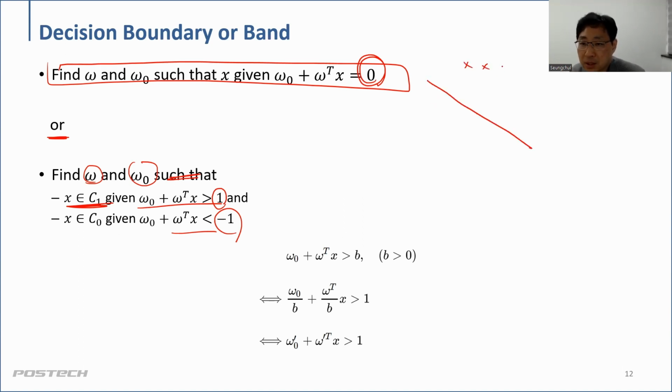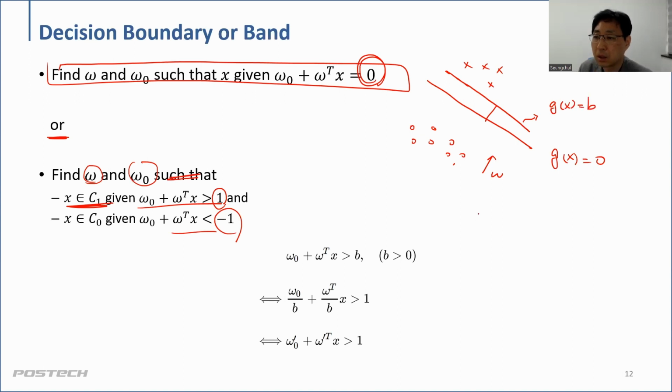If we are able to find some linear classifier, then we know that, suppose the omega is in that direction, and this one will be g of x is -b.